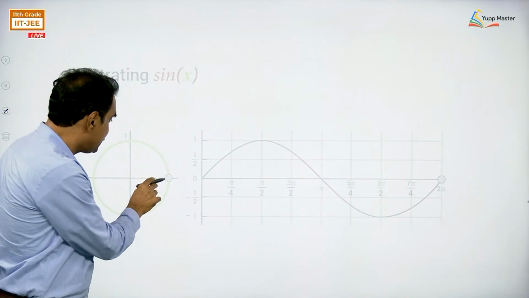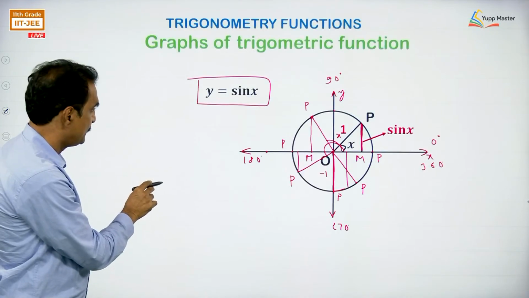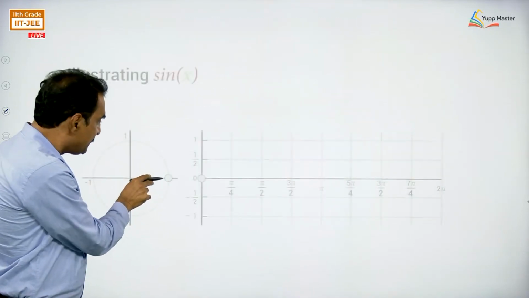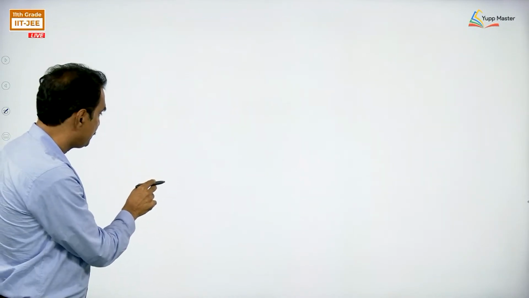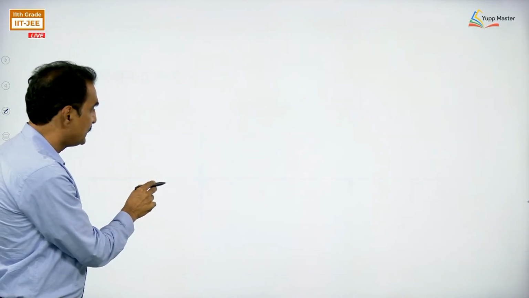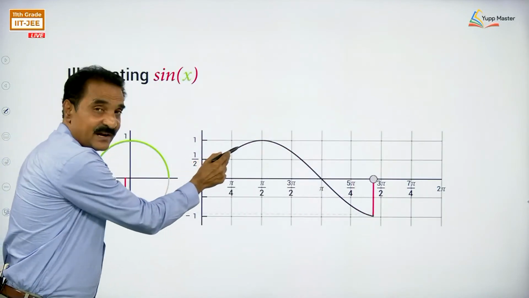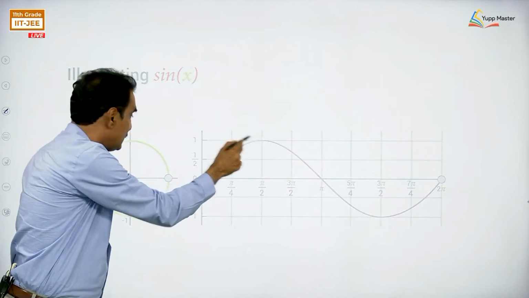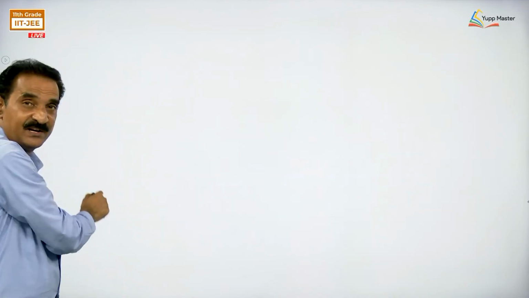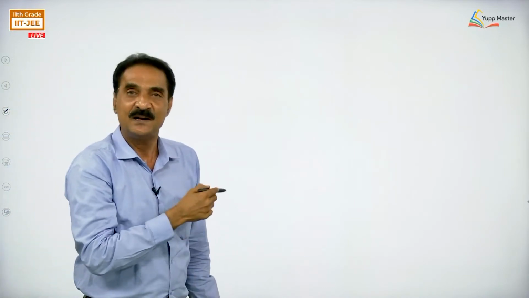So when the point is moving, the angle gradually increases from 0 to 90 degrees, and the value increases from 0 to 1. From 90 degrees to 270 degrees, it decreases from 1 to minus 1 and so on.